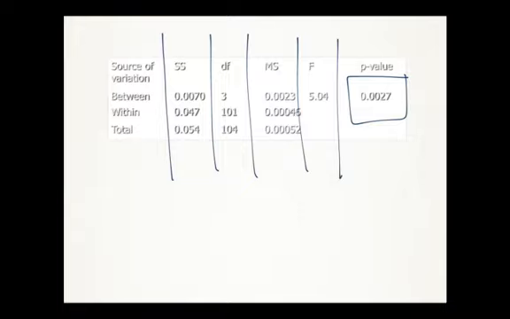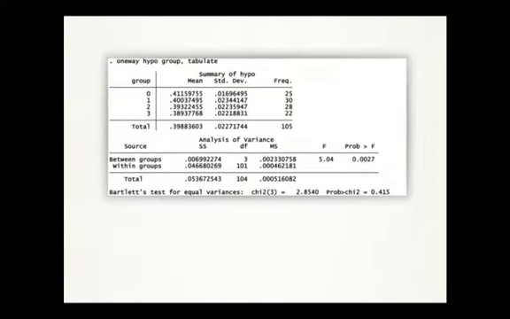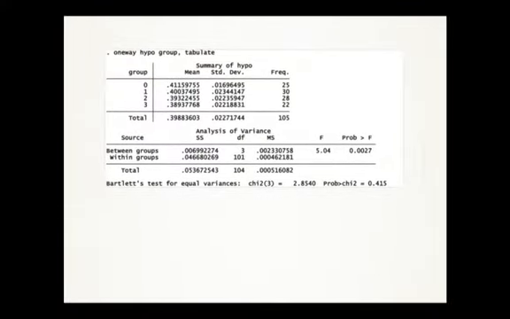Okay, and how would we do this in Stata? We can use this command called one-way, because this is a one-way analysis of variance. Then it gives us the mean in the 4 groups here, the standard deviations in the 4 groups.